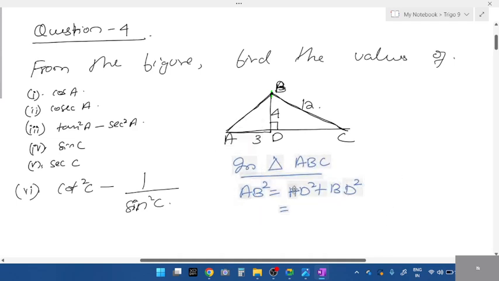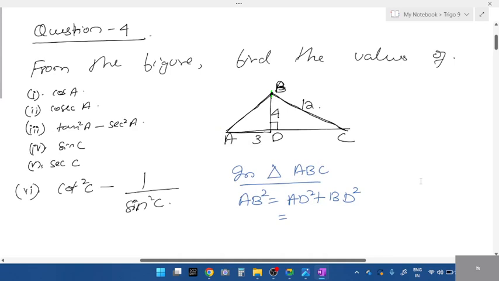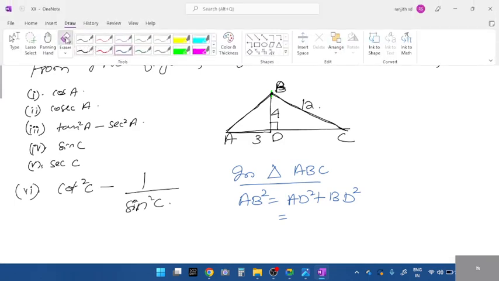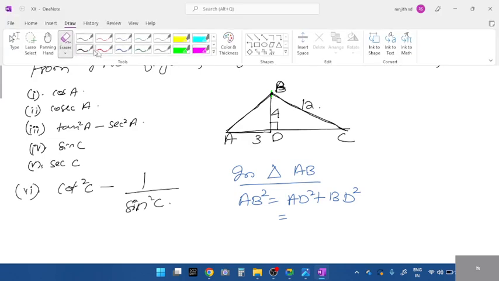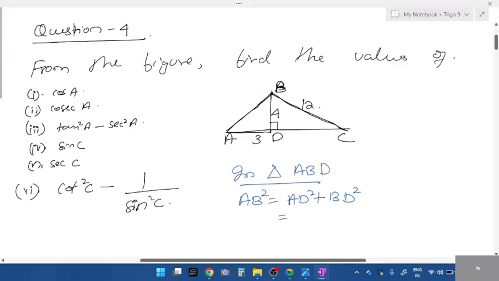Then in the triangle, find from the figure. Oh, sorry, ABD. Yes. In triangle ABD, students, find the AB value, AB square.